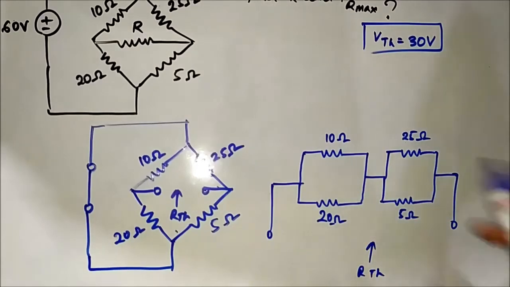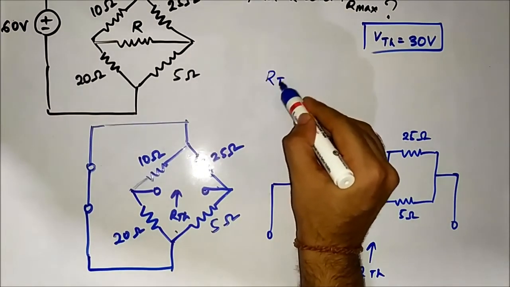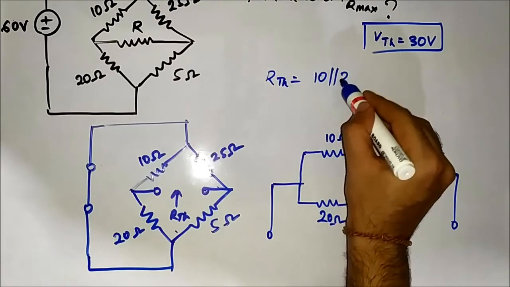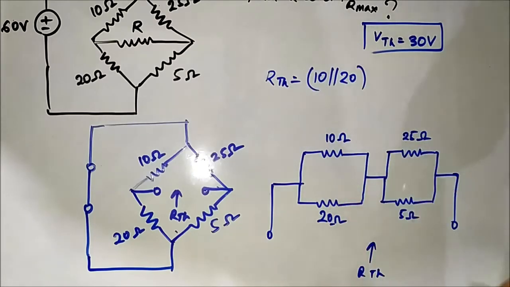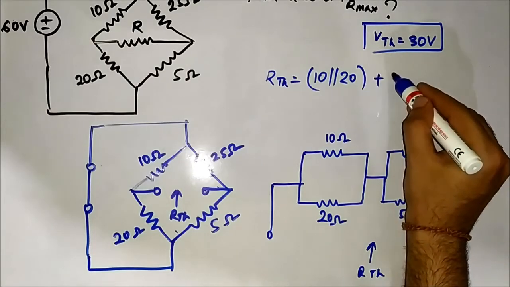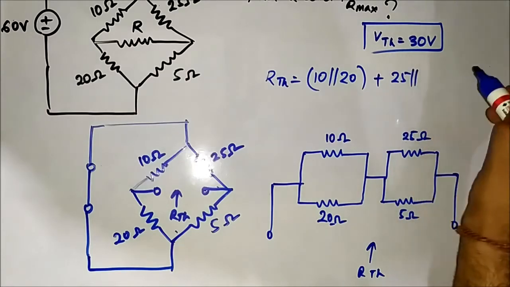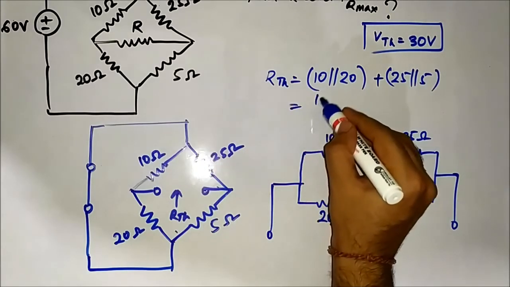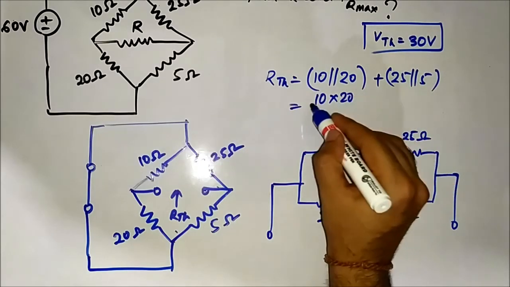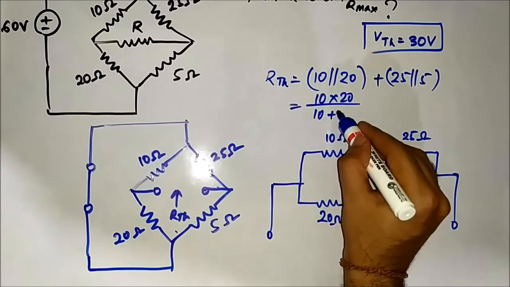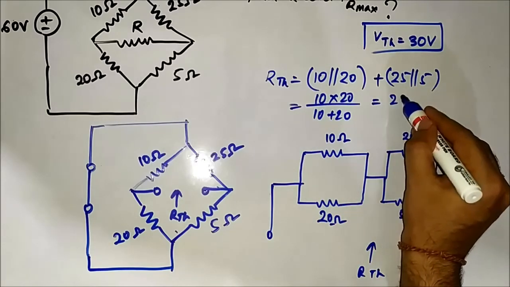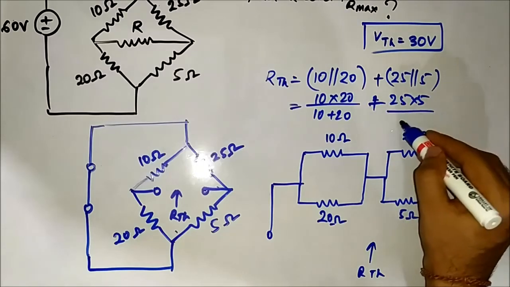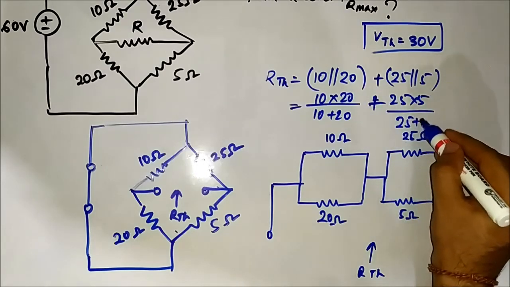So RTH will be 10 parallel 20 plus 25 parallel 5. So it will be 10 into 20 by 10 plus 20, plus 25 into 5 by 25 plus 5.